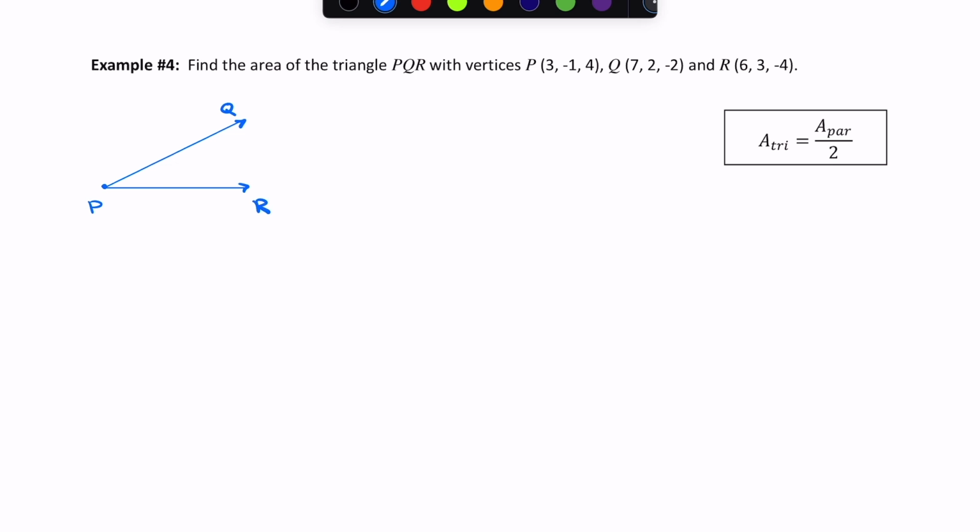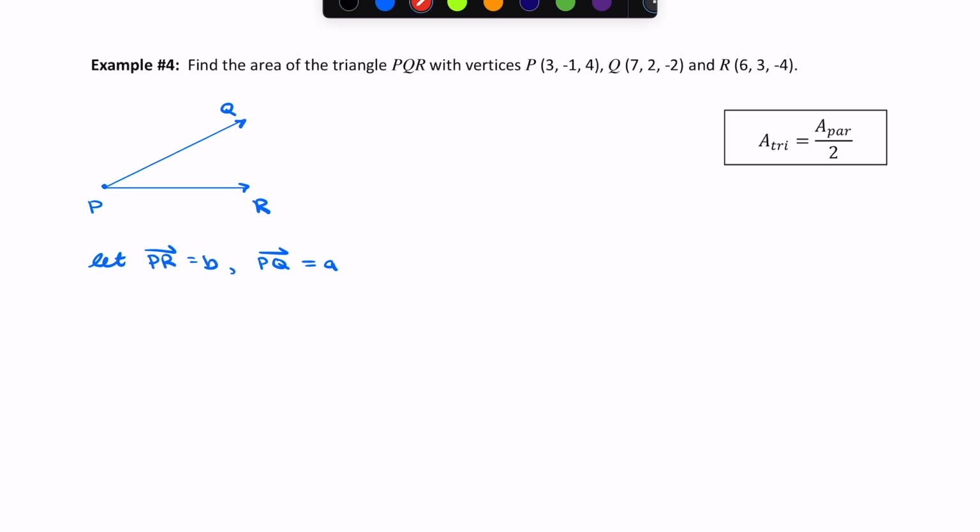The area of the triangle is equal to the area of the parallelogram divided by 2. First we'll let vector PR be equal to B, and we'll let vector PQ equal A.